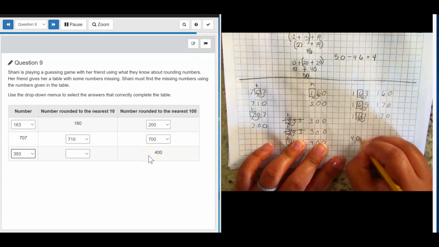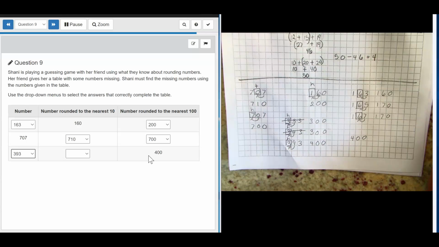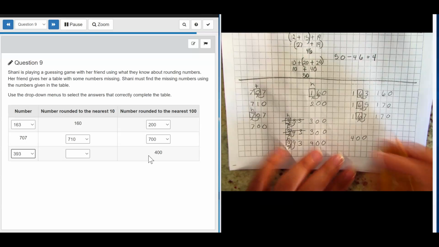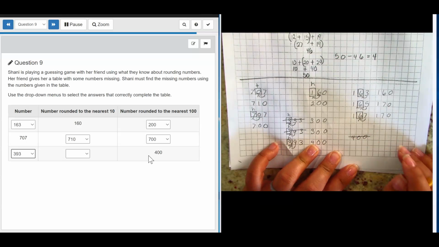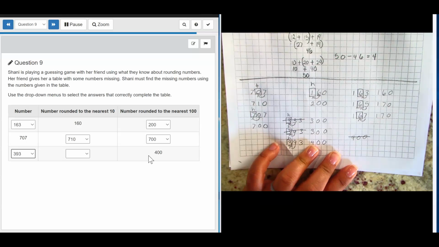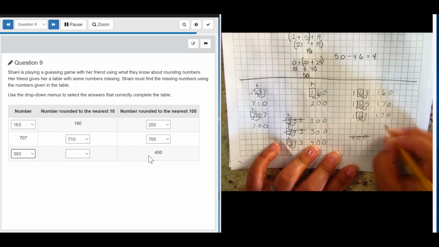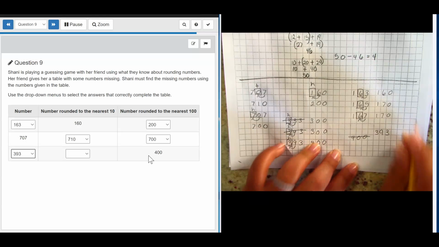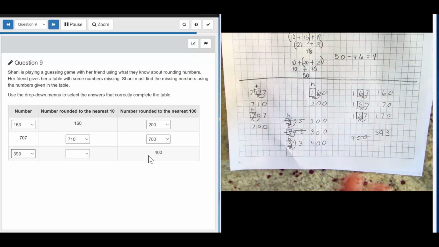Actually, you know something? I don't think so. I'm just going to cross that one out and use the number that we just found, 393. And it's okay to change your mind. Sometimes you try something, it doesn't work, and you try something else.